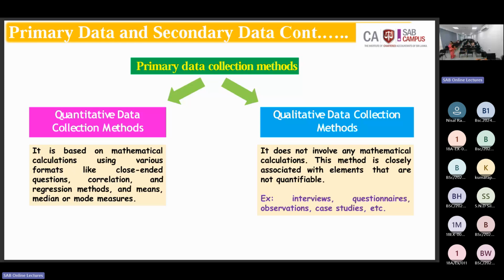Basic idea. So we have two types of studies.